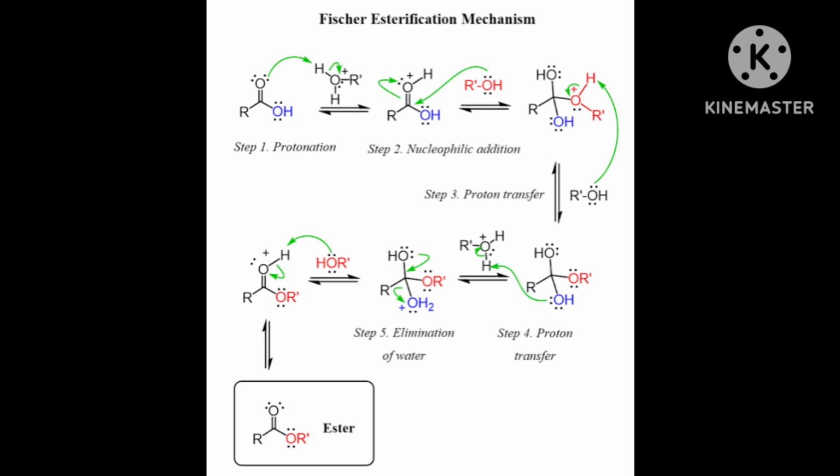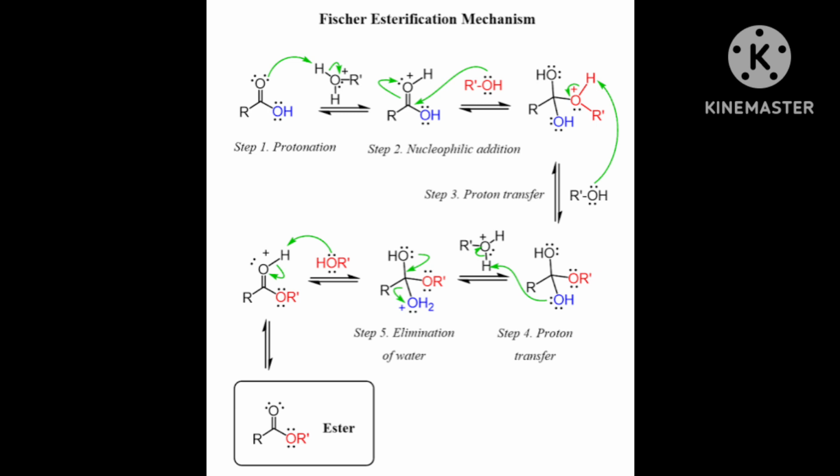The OH bond will break. H will go as H plus, then O will be negative, meaning RO negative we will get, and H will go as H plus.